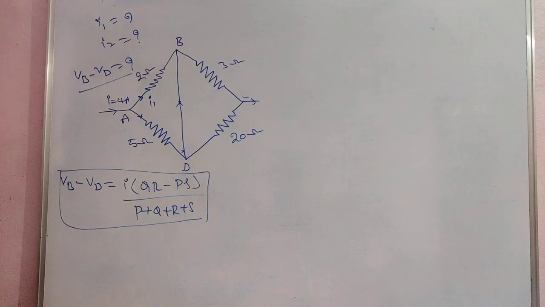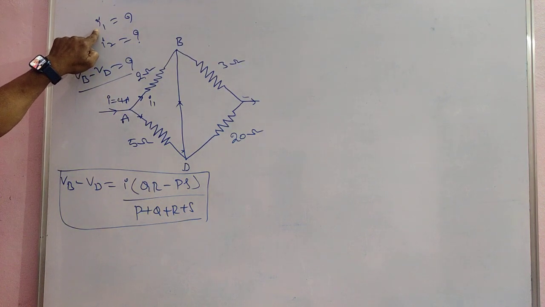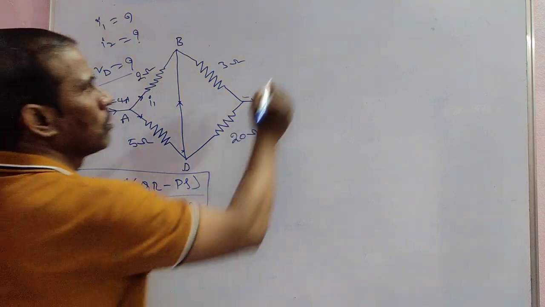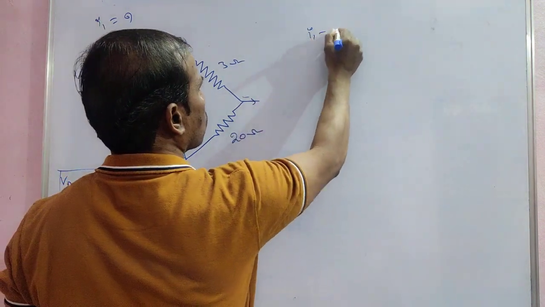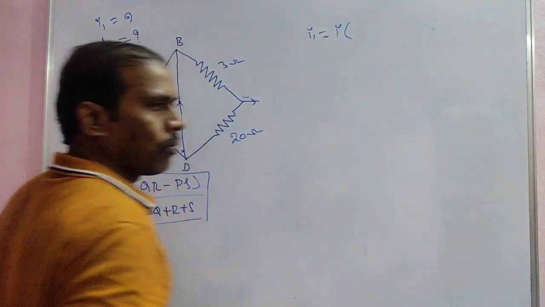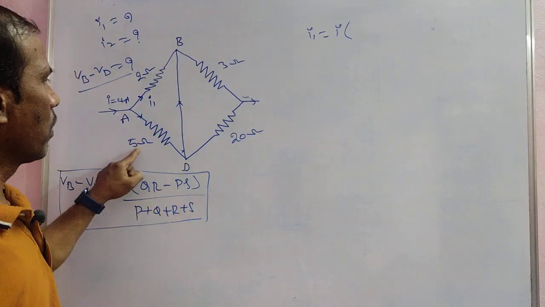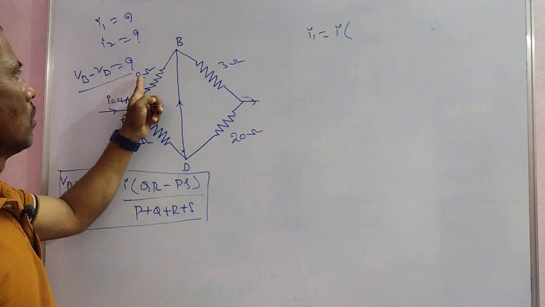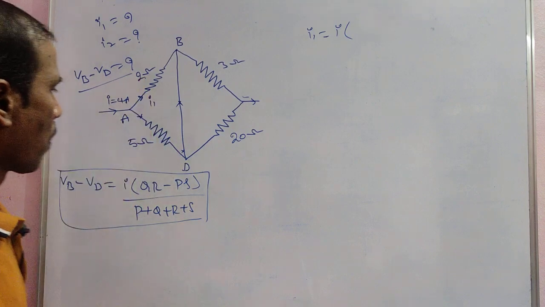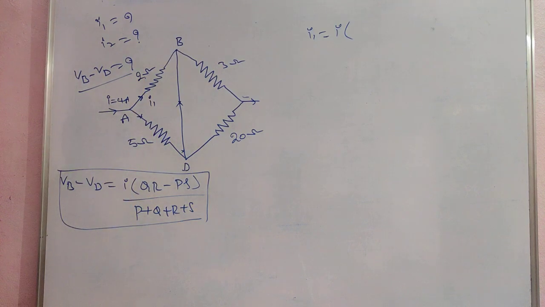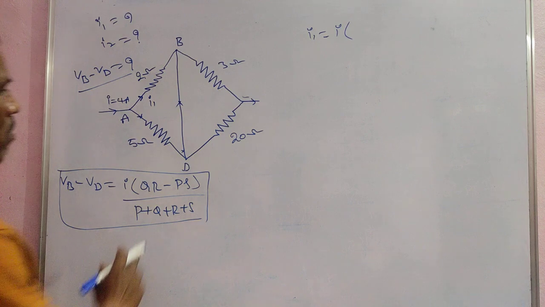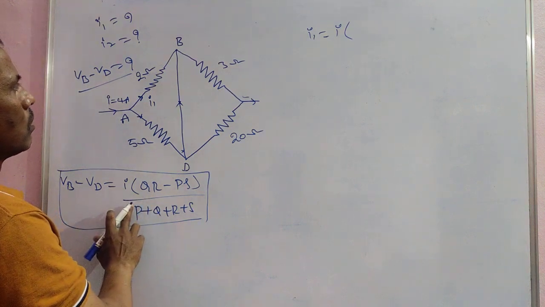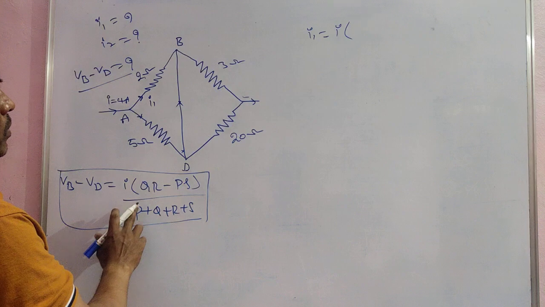Next, the current formula: I1 is equal to total current into the opposite resistance, because this is the opposite. Here what we get is the opposite resistance.